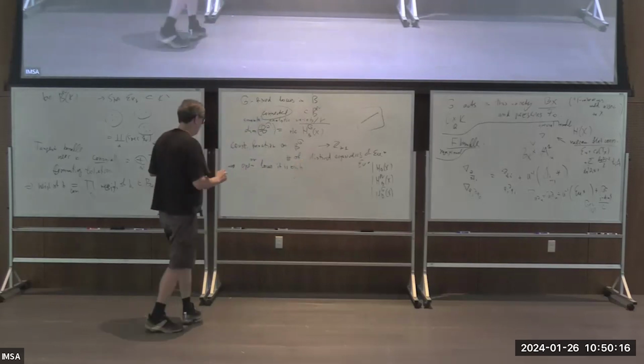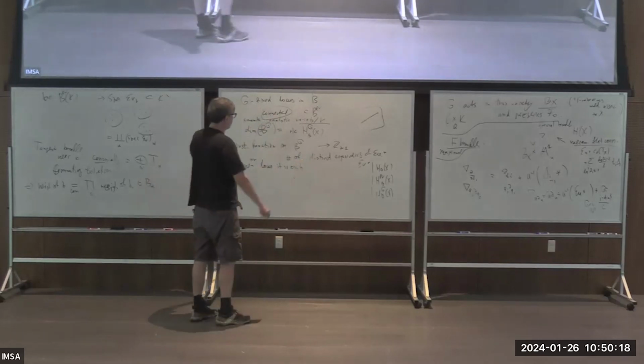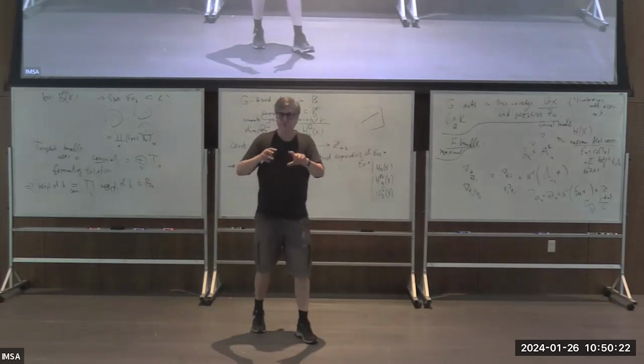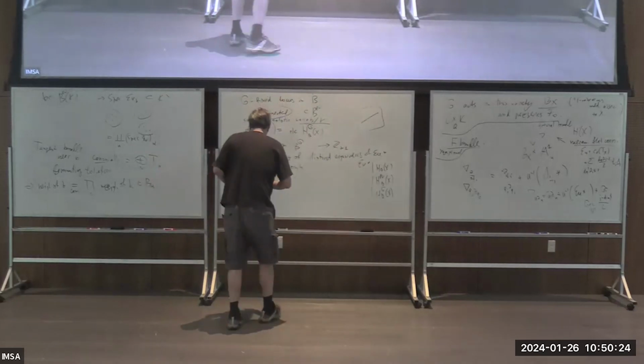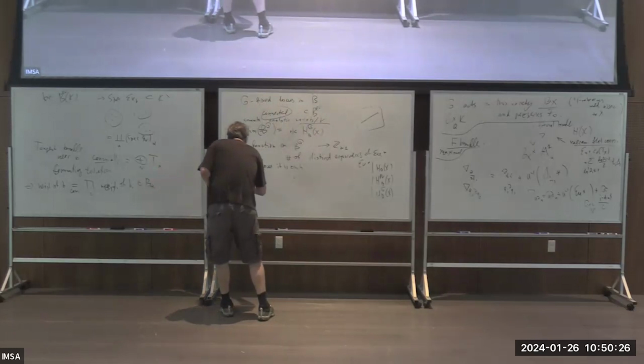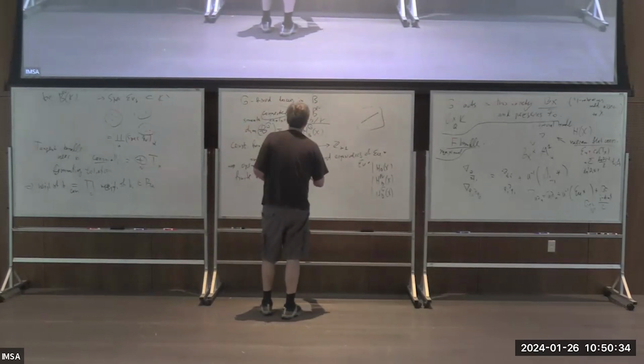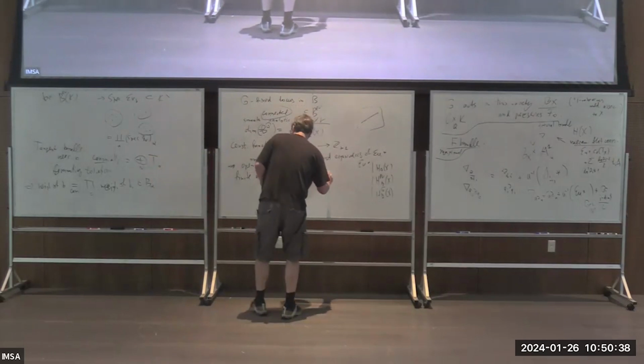And so it means that from this fixed locus you should remove some discriminant to get a finite unramified cover of this fixed locus minus the discriminant.